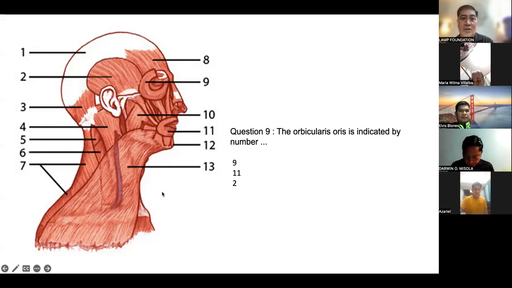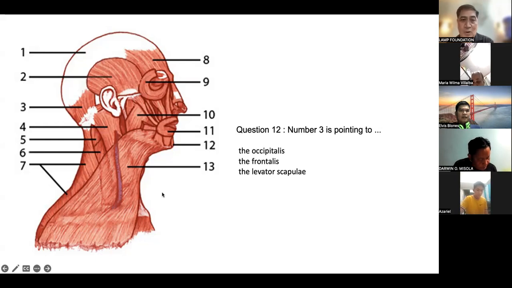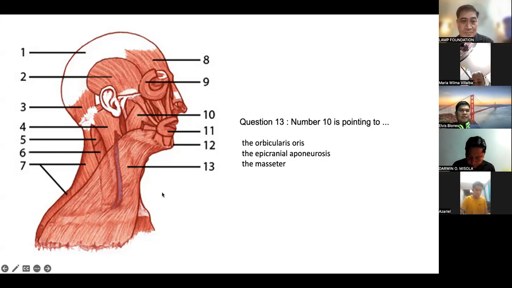Orbicularis oris is indicated by number? Number 11. Sternocleidomastoid is indicated by number? Number 4. The platysma is indicated by number? 13. Number 3 is pointing to? Occipitalis. Number 10 is pointing to? Number 10 is the masseter.